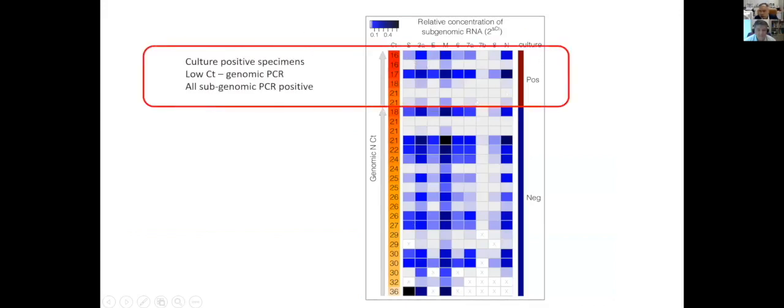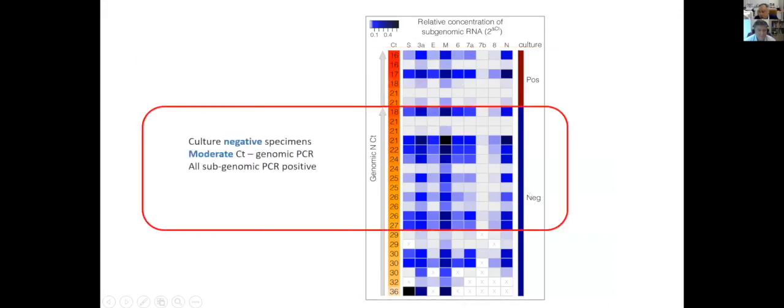First, this is the culture-positive specimen, and this is the CT value of diagnostic PCR, 16 to 20. The colors all represent positive subgenomic results. For culture-negative specimens, we also find they are positive for all the subgenomic RNA PCR. That means subgenomic RNA PCR can actually be a more sensitive way to detect infectious specimens.